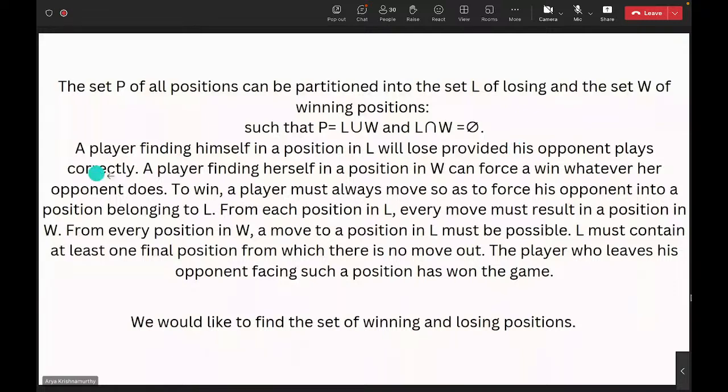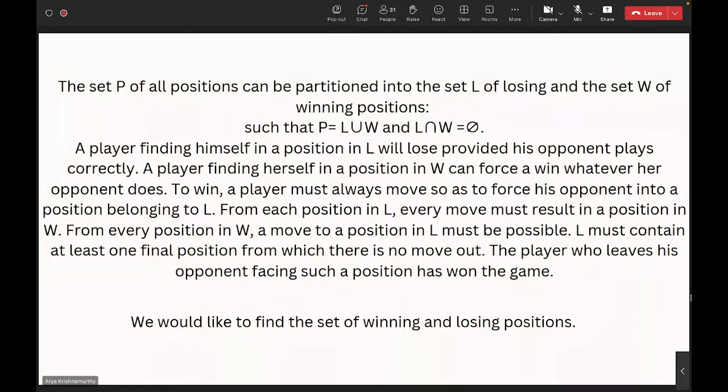One thing that we shall assume in our discussion is that both players would make the best possible move in their position when it is their turn. A player finding himself in a position in W can force a win whatever her opponent does. To win, a player must always move so as to force his opponent into a position belonging to L. So this is the strategy for winning, right?